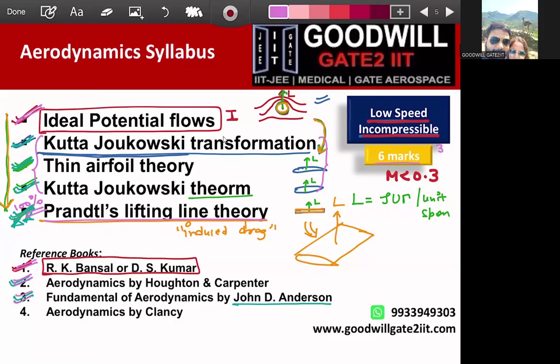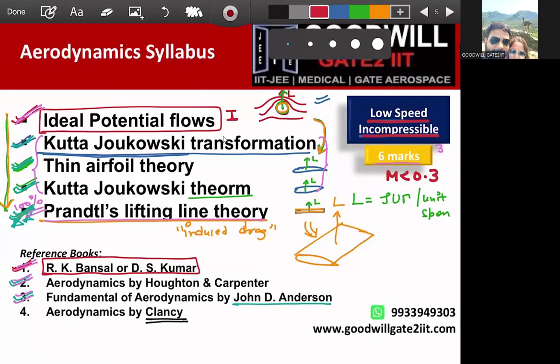All right. Now, when I say last book, which is Clancy, Clancy is a very special book in aerodynamics which doesn't have any numericals. It's like a novel, guys, and it covers the entire theory in beautiful form. So it gives you information about what you mean by induced drag, how it varies, what you mean by aerodynamic center, center of pressure, what you mean by different kinds of airfoils.